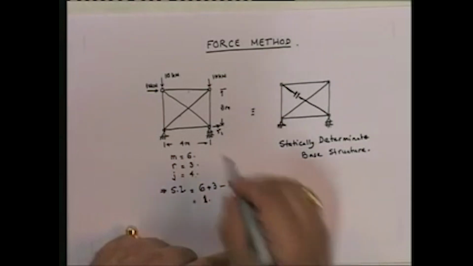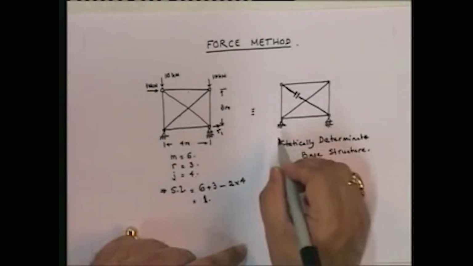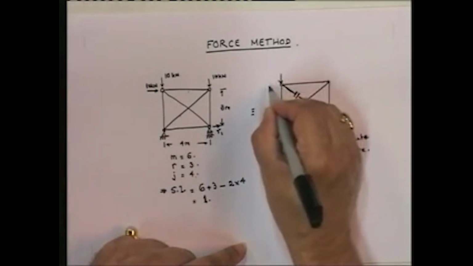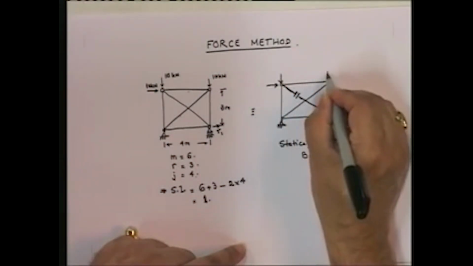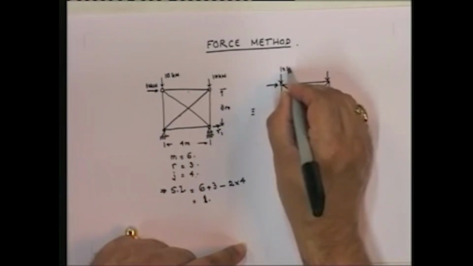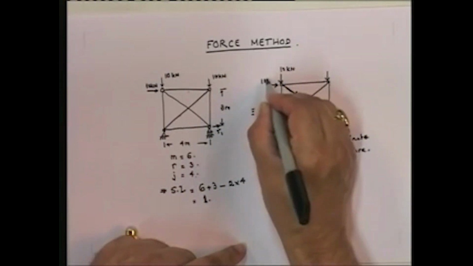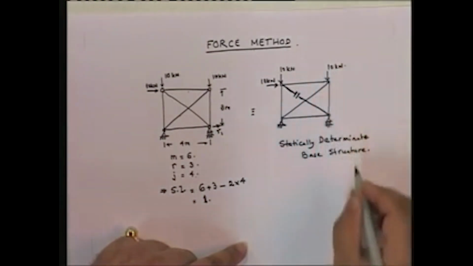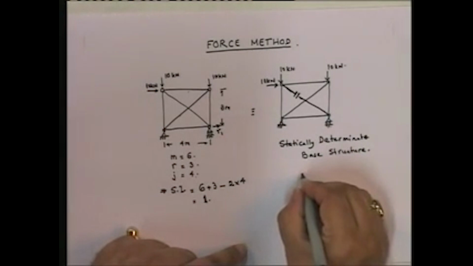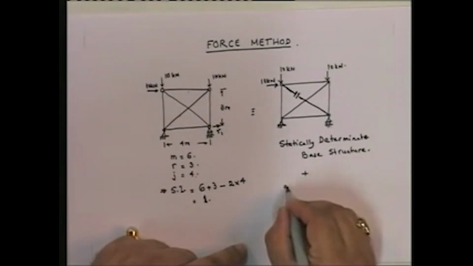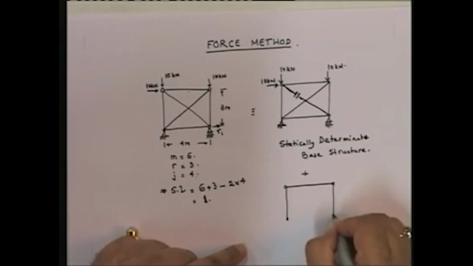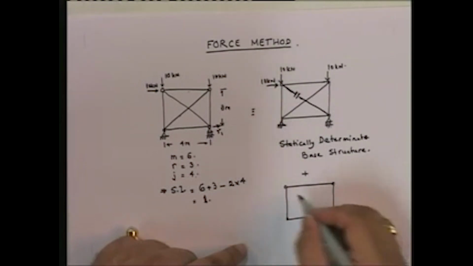So now the way we solve this problem is say that, look, let us take this problem, let us solve this problem, and to that we take the same statically determinate structure and say that let's look at this.